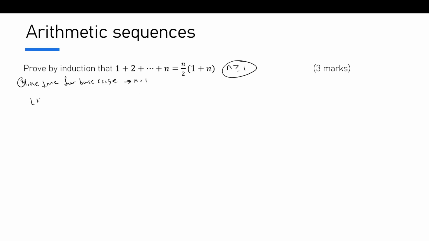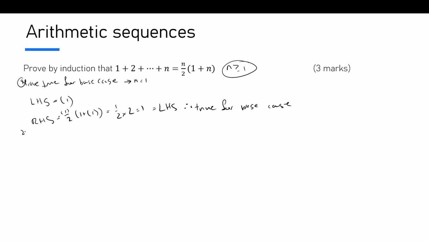That means our left-hand side is simply going to be equal to 1. Our right-hand side, however, is going to be equal to 1 over 2 times (1 plus 1), which is equal to a half times 2, which is 1, which is equal to the left-hand side. Therefore, it is true for the base case.